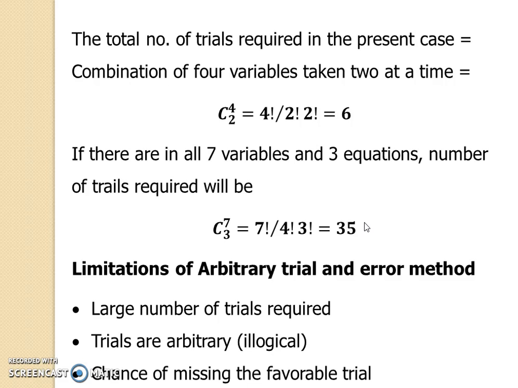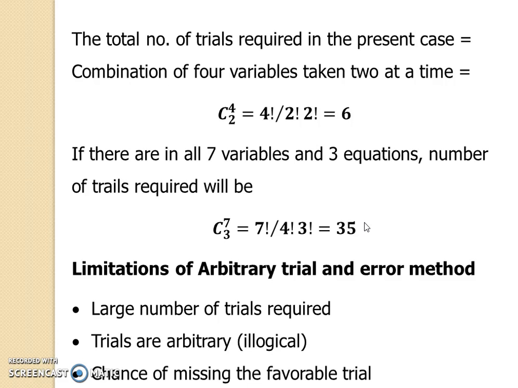Therefore, the arbitrary trial and error method, though very straightforward in the concept, is having limitations, because in case of real life problems, we are required to consider large number of trials.